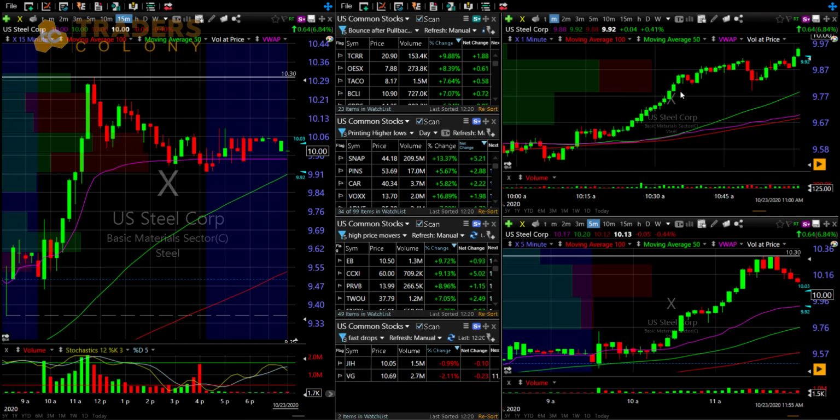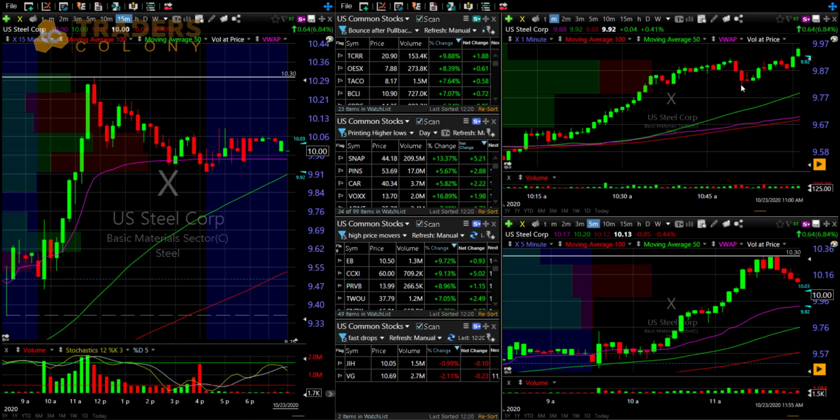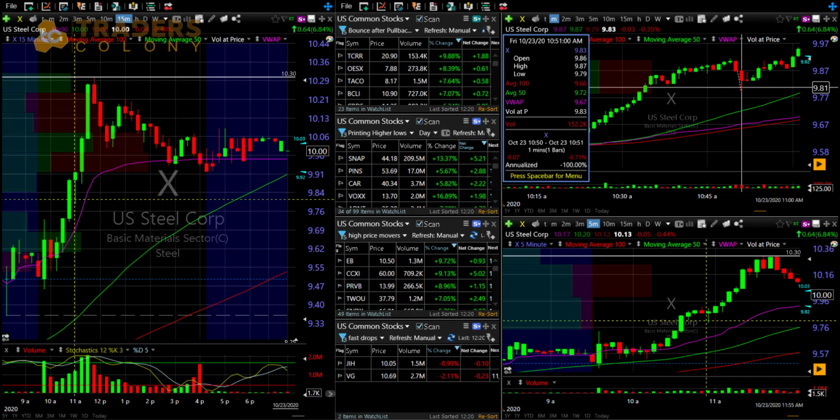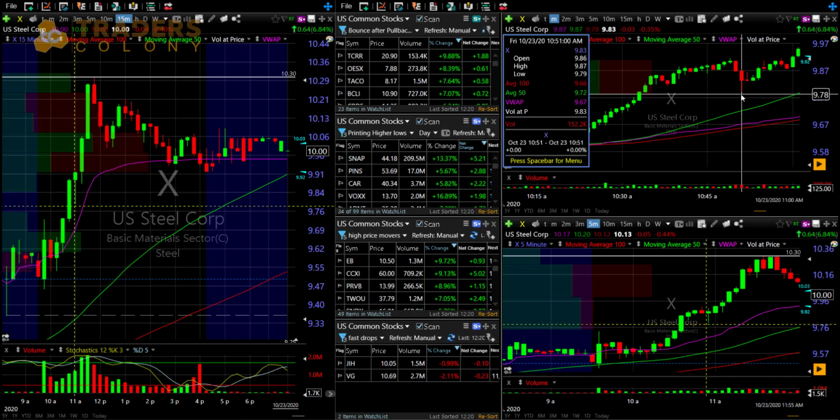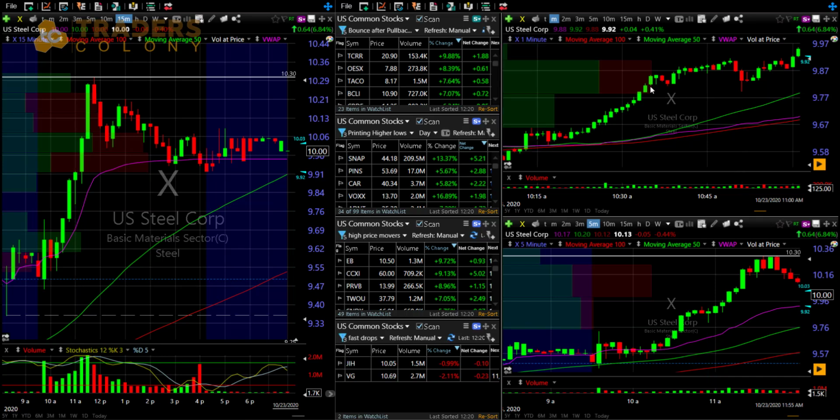So again, and even here, see this pullback here, it gave you just an 11-cent pullback, right? And it came down to 9.79, probably 9.79 exactly right here, the low of this 1 minute candle, to keep pushing higher.